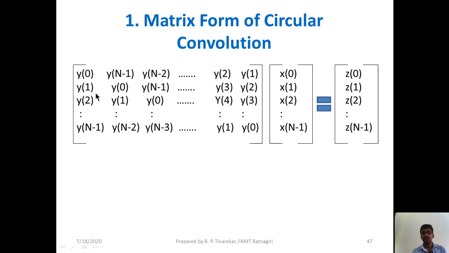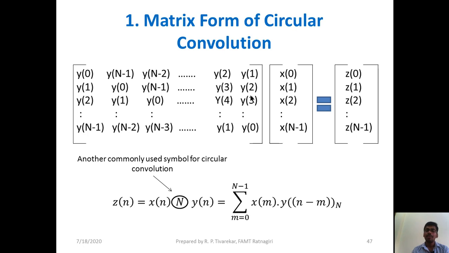And in all other rows, what I am doing is simply shifting the last sample to the first place and the rest of the samples towards the right. Another commonly used symbol for circular convolution is like this. It represents what point circular convolution I am computing: N point, N equal to 4, N equal to 8, whatever the value of N is being written here, and a circle around it represents that this is a circular convolution of these two sequences.